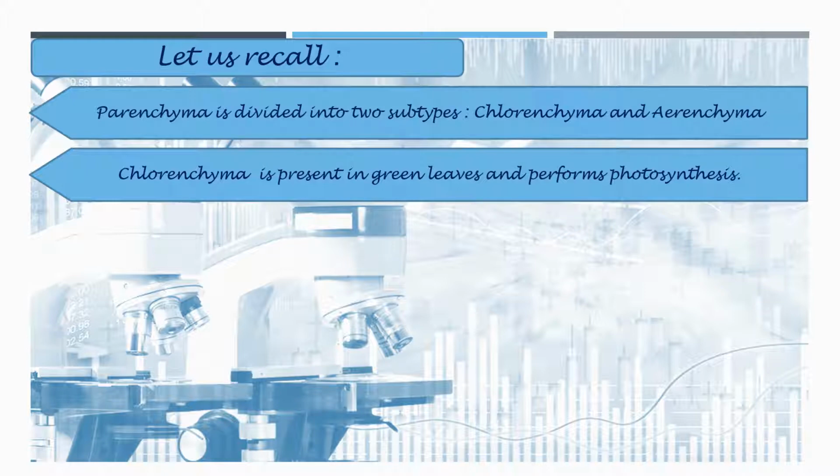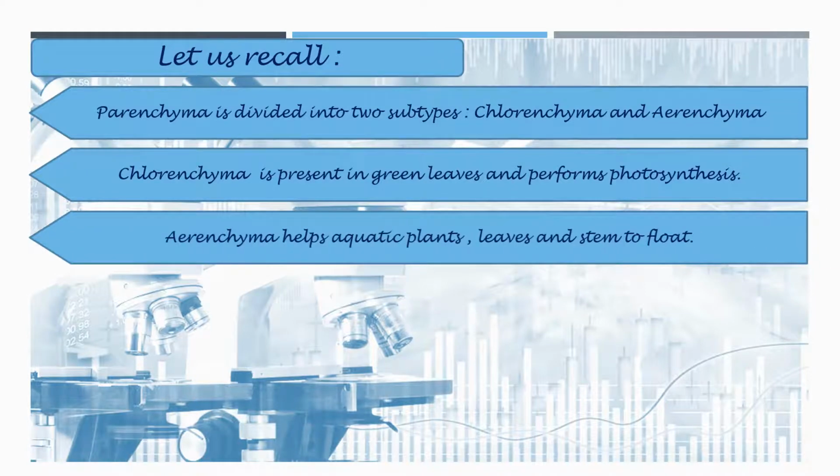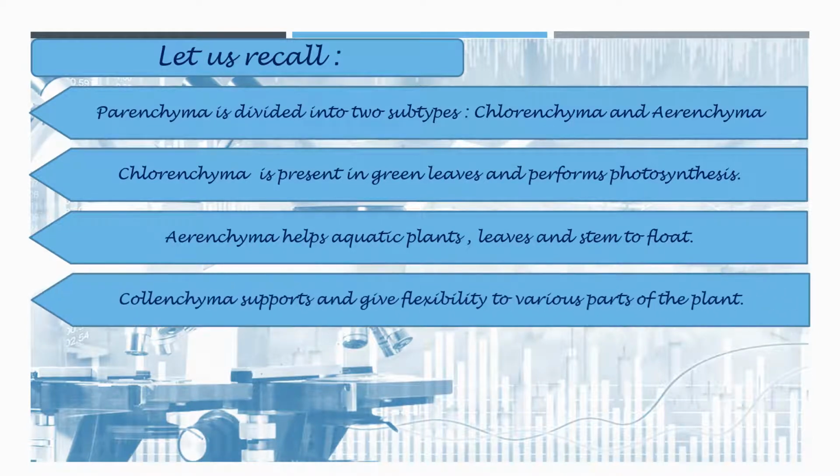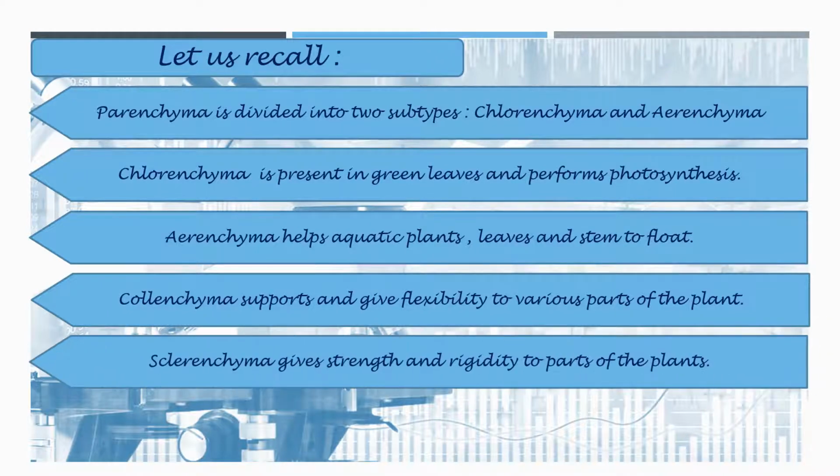Chlorenchyma is present in green leaves and performs photosynthesis, and aerenchyma helps aquatic plants' leaves and stems to float. We also studied collenchyma, which supports and gives flexibility to various parts of the plant, and sclerenchyma, which gives strength and rigidity to the parts of the plant.